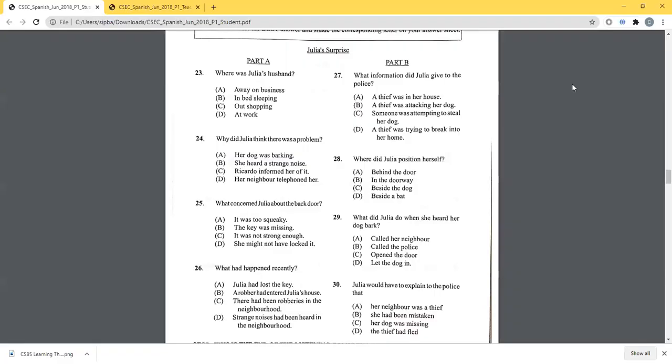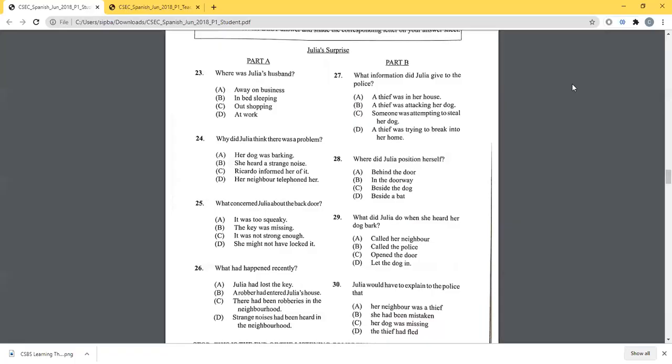I'm now going to read part B. Part B. En voz baja, ella le informó a la policía que había un ladrón que trataba de entrar en su casa y le pidió que viniera rápidamente. Se armó con un bate y se colocó detrás de la puerta cuando oyó ladrar a su perrito. ¿Qué le habría pasado a mi pobre perrito?, se preguntó Julia.